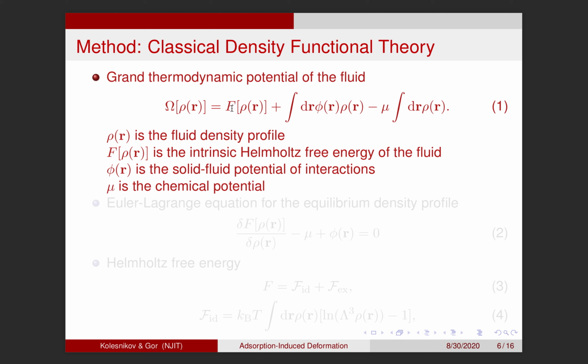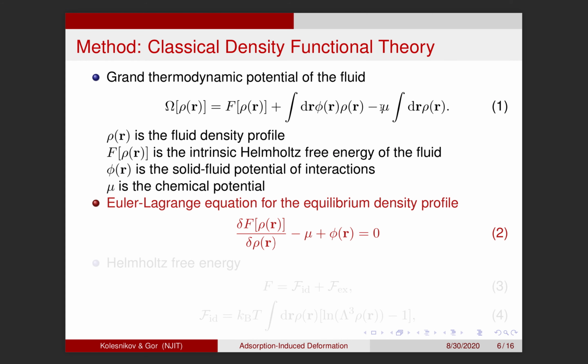It's given as a sum of the intrinsic Helmholtz free energy of the fluid and the term related to the solid-fluid potential of interactions, and the term related to the chemical potential mu. At each value of chemical potential, we need to solve the Euler-Lagrange equation for the equilibrium density profile to find the equilibrium state of the system.